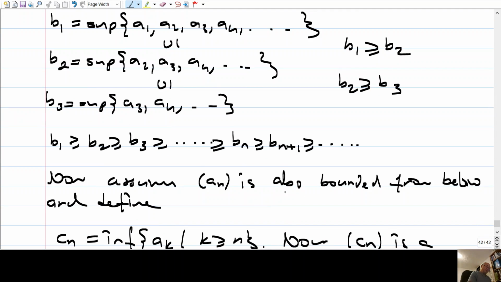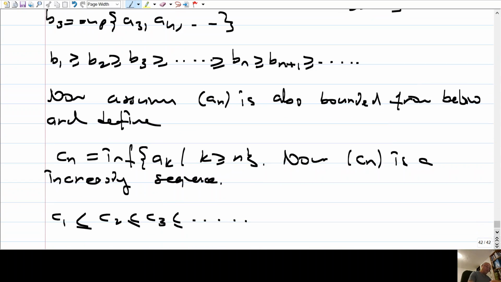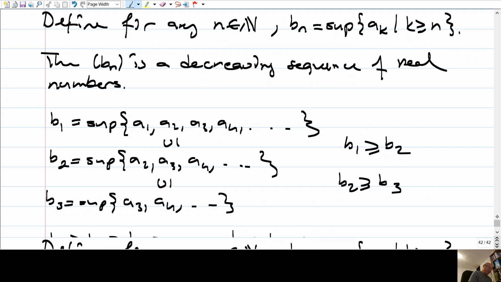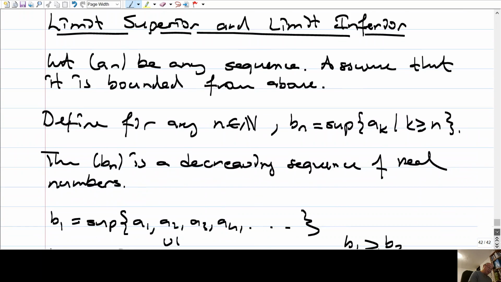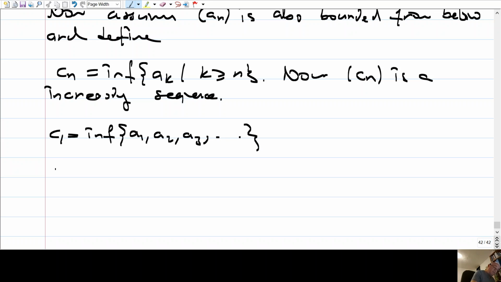Conversely, if you assume the sequence is bounded from below, then you can analogously define the infimum sequence, this time the infimum of the same sets we considered above. Let me maybe write a couple terms. So what is C1? C1 is the infimum of A1, A2, A3, and so on.